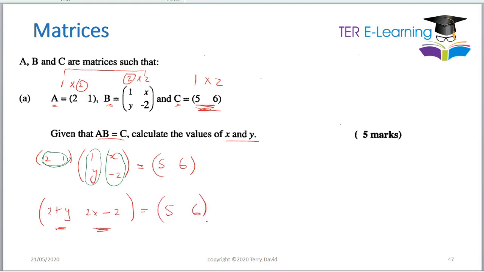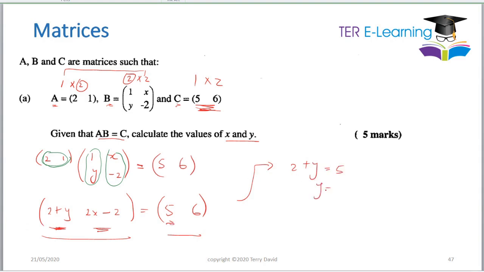I know it's looking a little confusing. So if this whole matrix is equal to this whole matrix, what we can say is that 2 plus y is equal to 5. So this number here has to be equal to this number here.